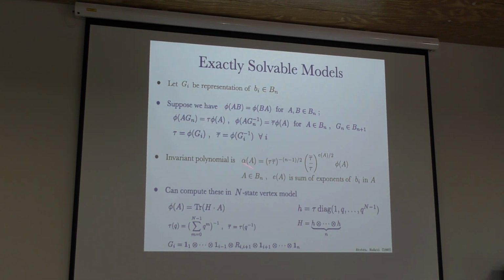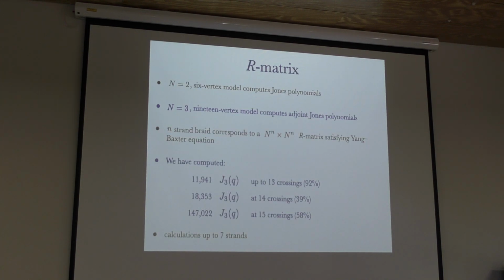Akutsu and Wadati told us how to do this in terms of these exactly solvable models, and we can construct invariant polynomials using the braid group. And these translate to some n-state vertex model, and the invariant polynomials we're after are related to traces of matrices in this thing. Let me change notation from little n to capital N for color.